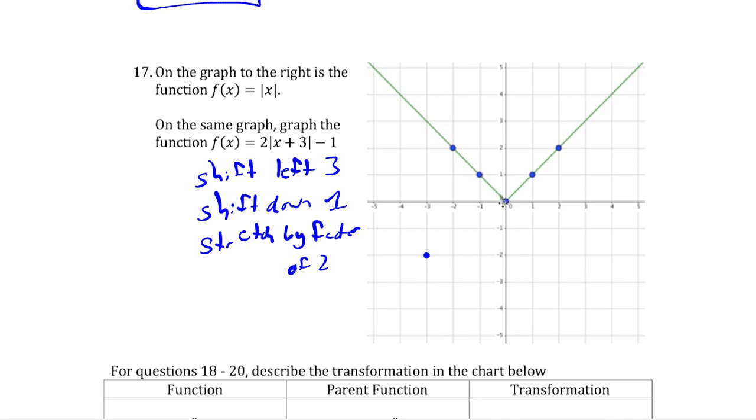Well, when x is 0, here I get 0. But what about here? What do I get here? Well, I get 2 times the absolute value of 3, which is 6, minus 5. So I did not do something right. Let's see. Because I'm here, I'm going to go to the left 3, shift down 1, and double that.